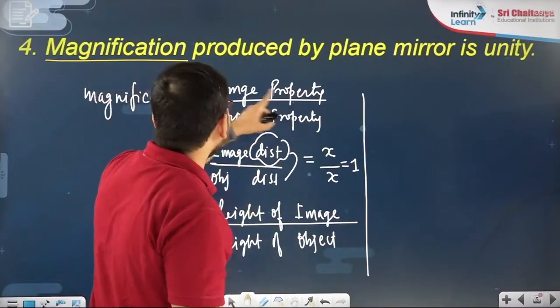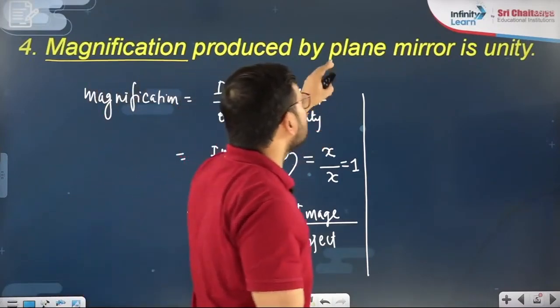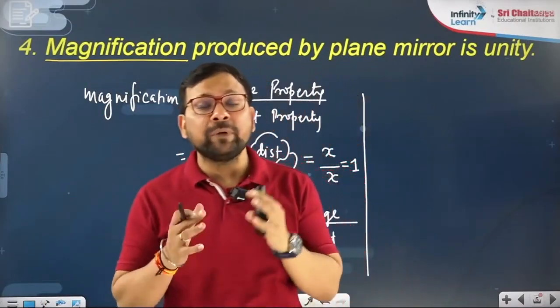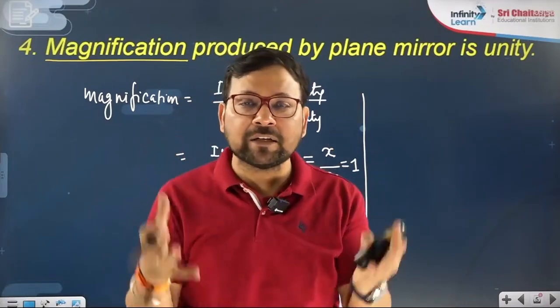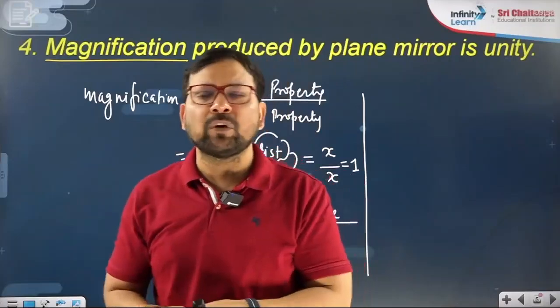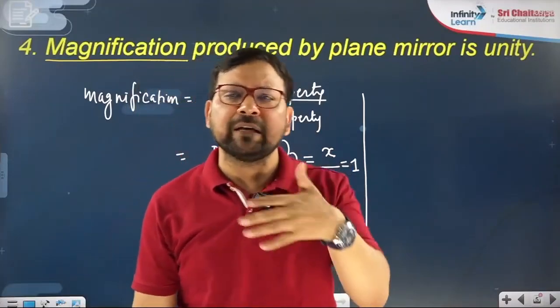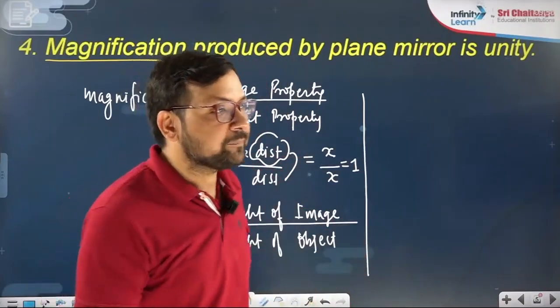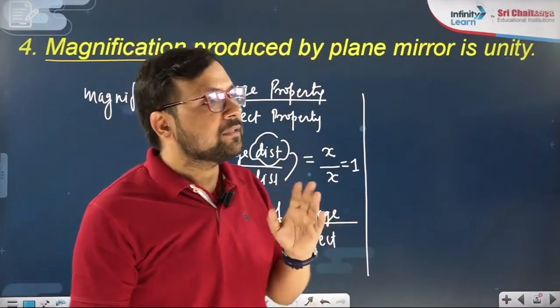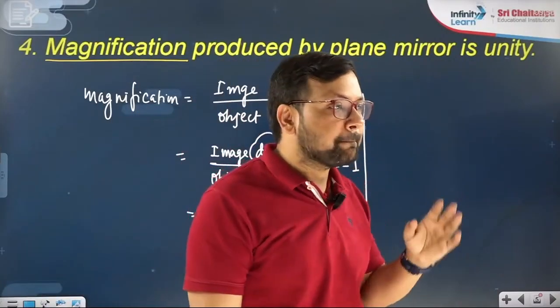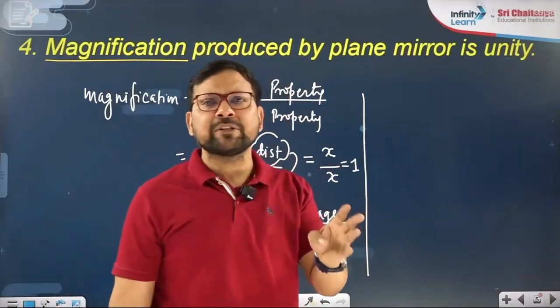That's why I have written there, the magnification produced by a plane mirror is unity. It means a plane mirror will not zoom any object. You cannot have a larger image as compared to the object. Whatever is the size of the object, height, width, everything, that will be the same in the image. Yes, exactly, everything will be the same. Height, length, width, every dimension. I have written height.